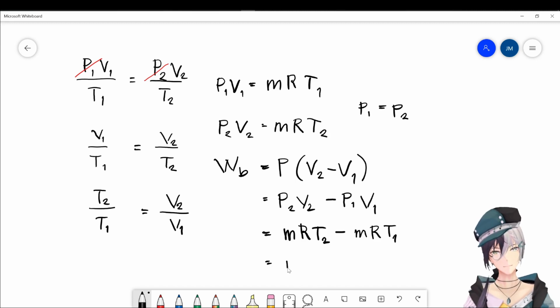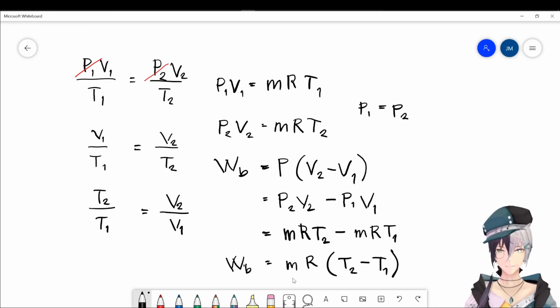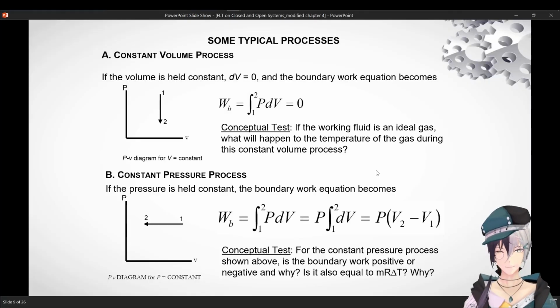Finally, this becomes mR delta T. So boundary work is also equivalent to mR times T2 minus T1. They're the same. So that answers the question: is it equal to mR delta T? Remember that one. It will become handy during your exam.